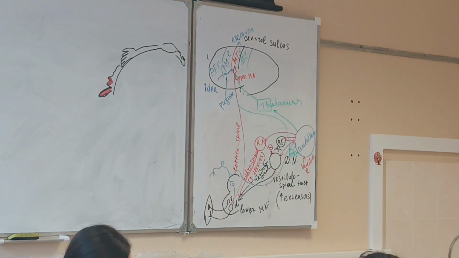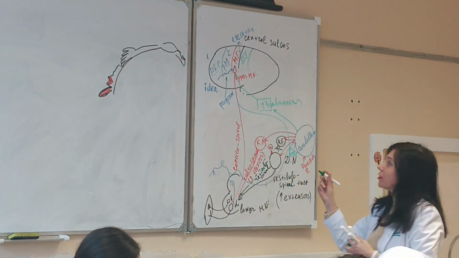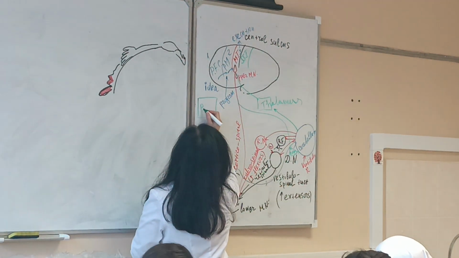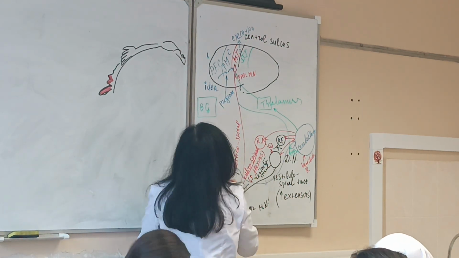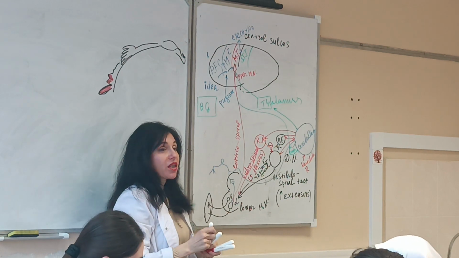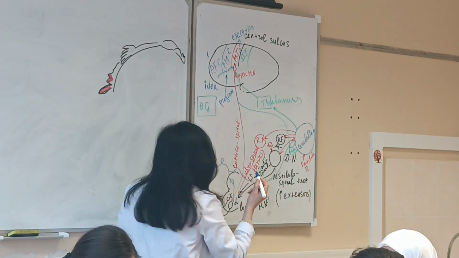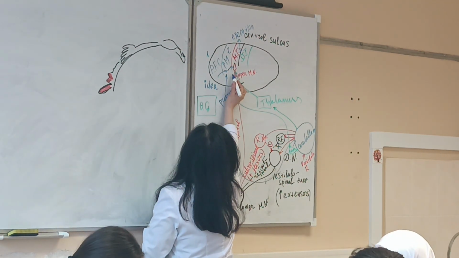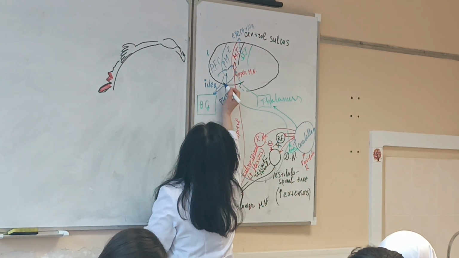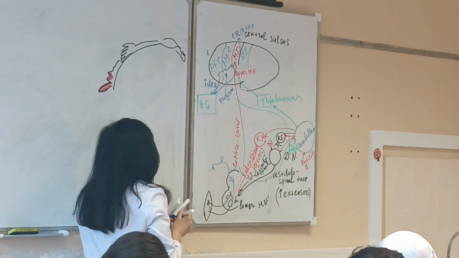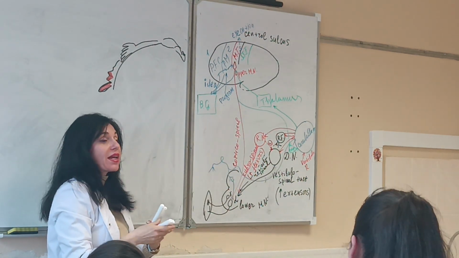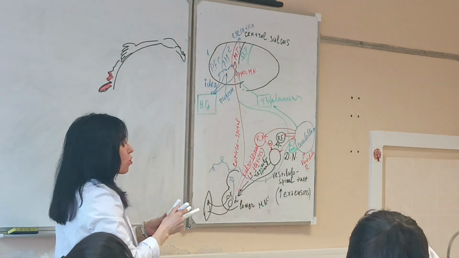Next part, basal ganglia. The basal ganglia have input from the motor cortex, and they control mostly the motor cortex.